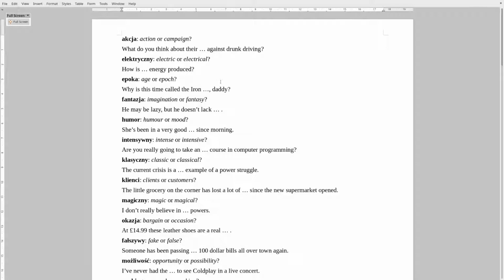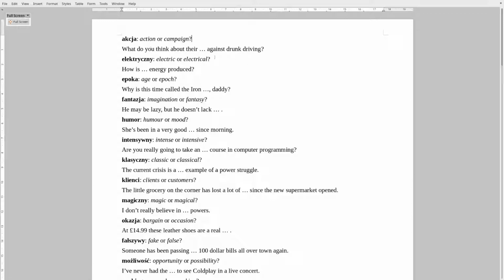Okay, so akcja, action or campaign? What do you think about their campaign against drunk driving? So of course this is the kind of akcja that is meant here. This organized activity with a certain goal, for something or against something.